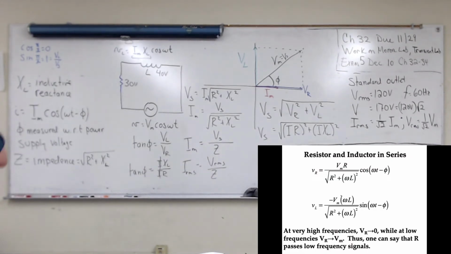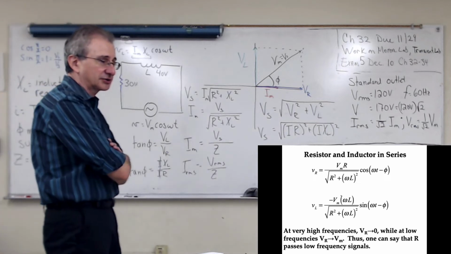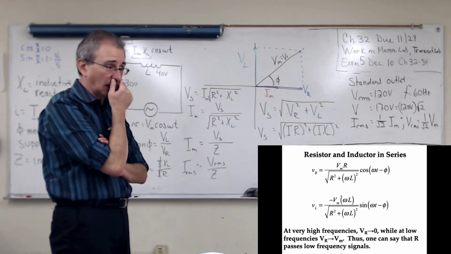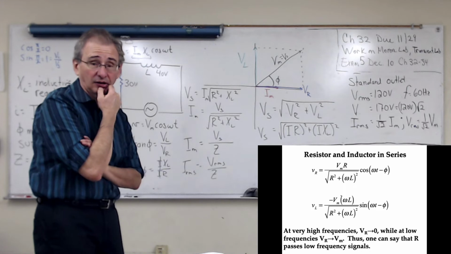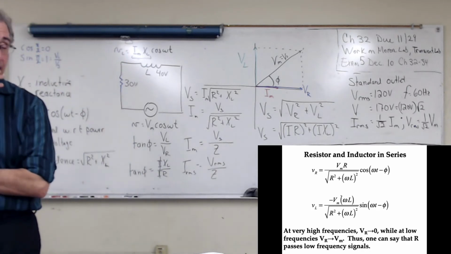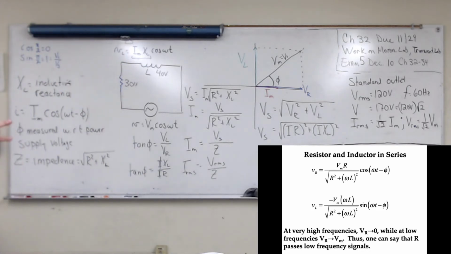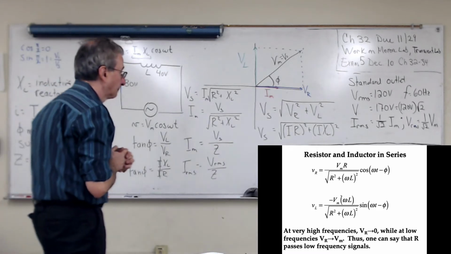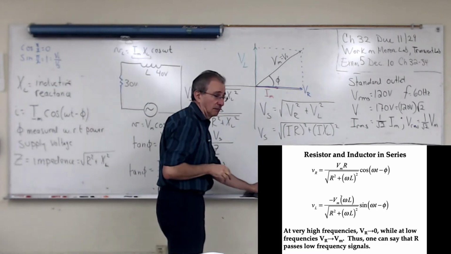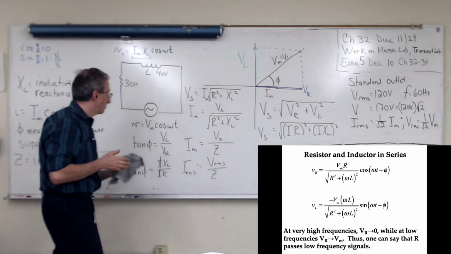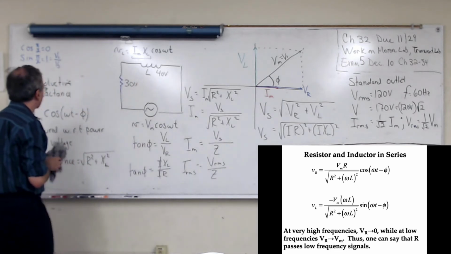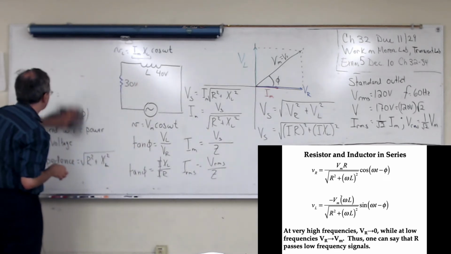We can write the voltage across the inductor and the voltage across the resistor as shown in the figure. And again, we're more interested in the maximum values. So let me write just the maximum values down.